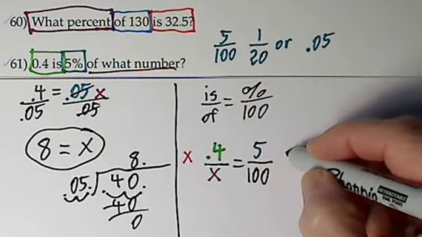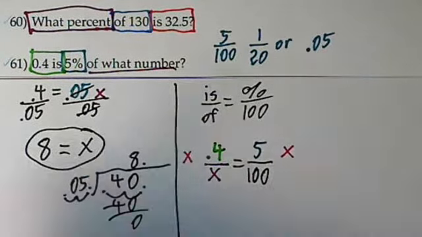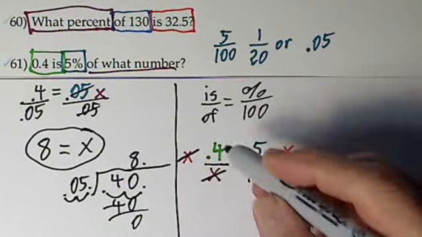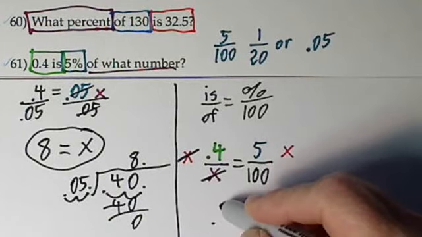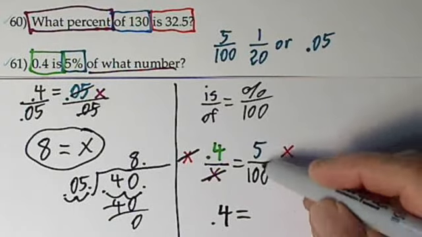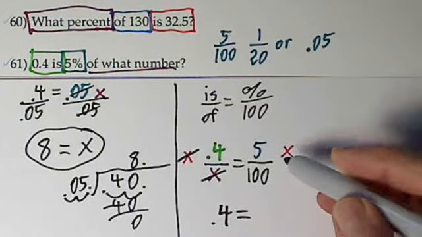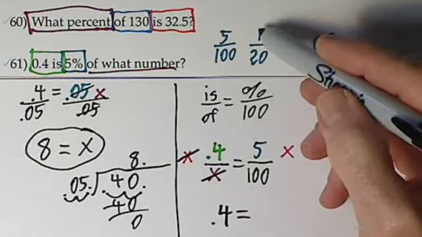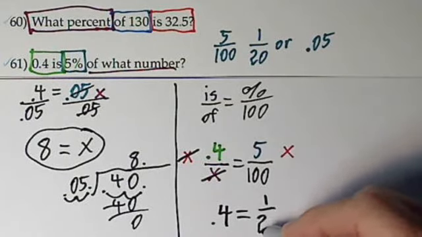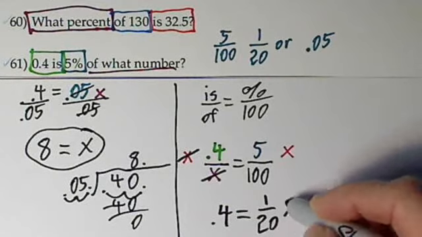So I multiply each side by x. And as is usually the case, this cleans up very quickly. I'm left with 4/10 is equal to 5/100. Let's reduce that to 1/20. And the x just comes down.